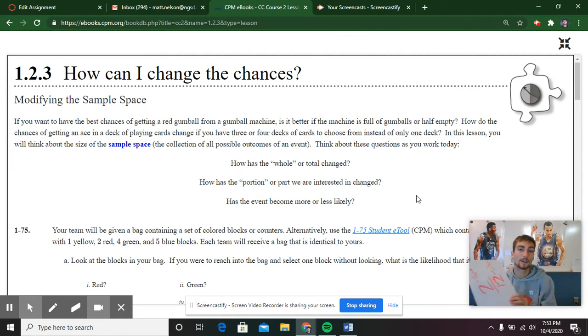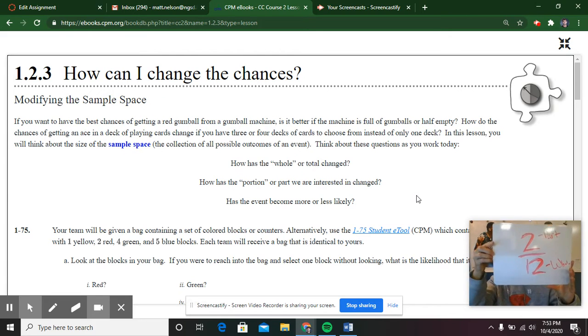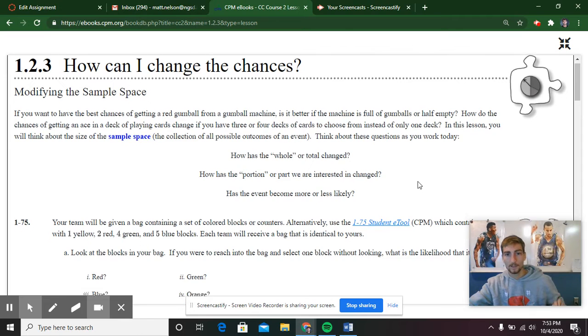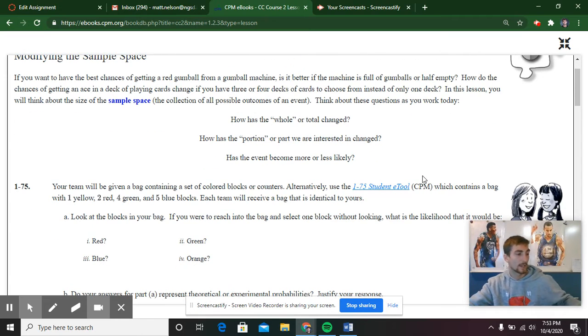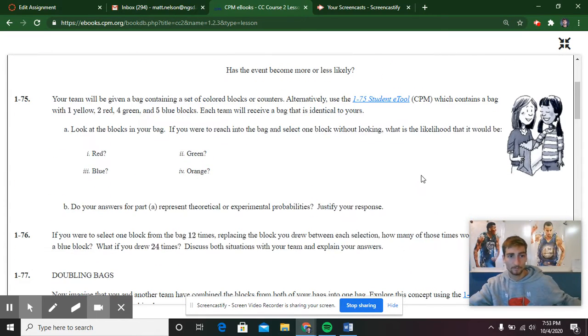So remember, when we're talking about likelihood and probability, we have our part or our numerator, which is the outcome that we're hoping for, the desired outcome. And then we have our denominator, which is all of the outcomes total. So we're thinking about how those change as we change our sample space.